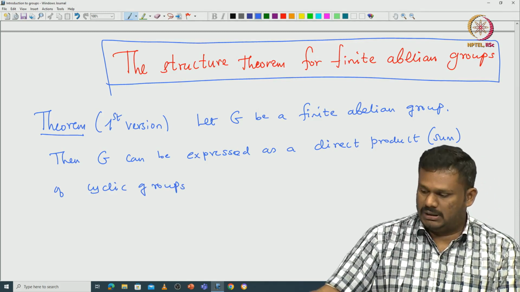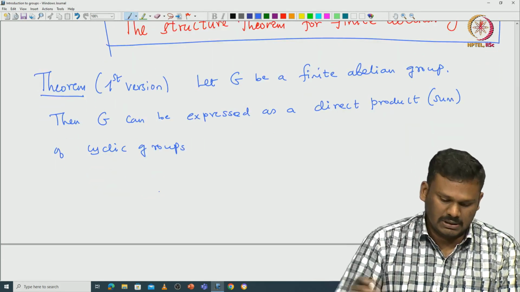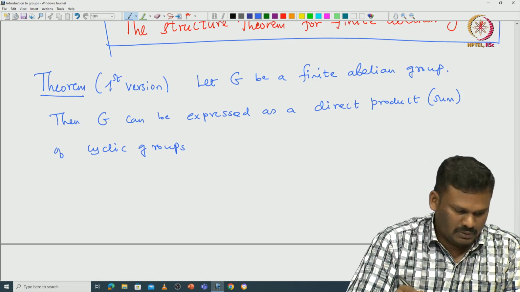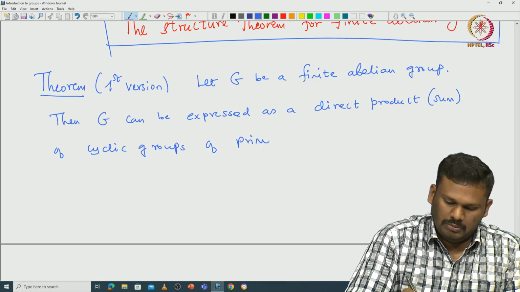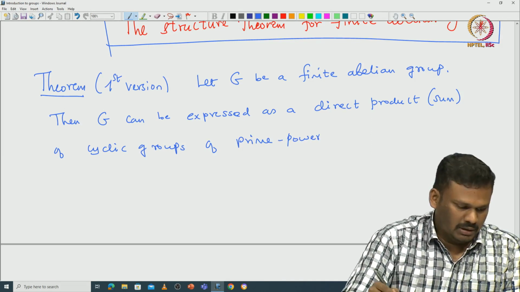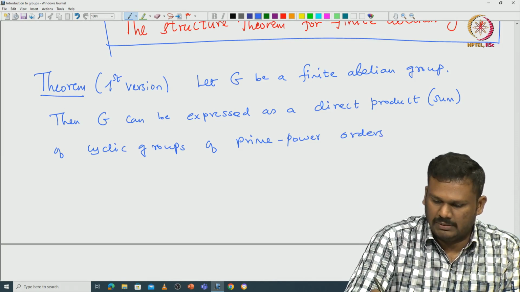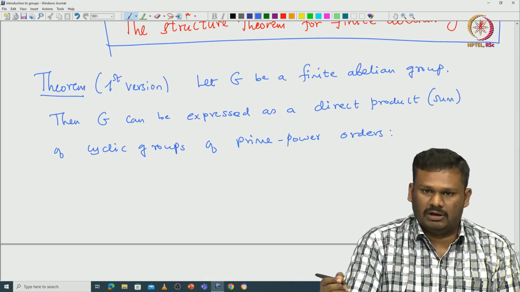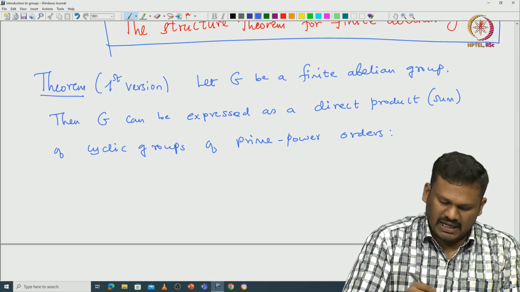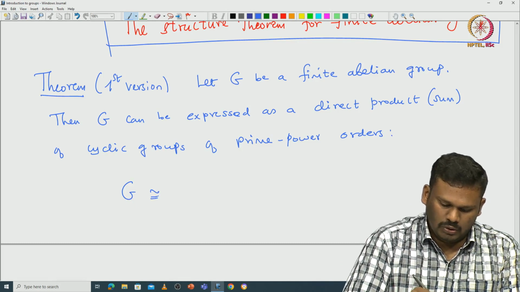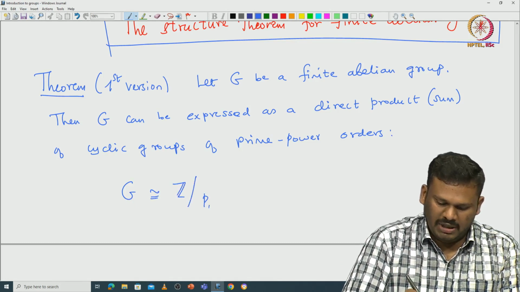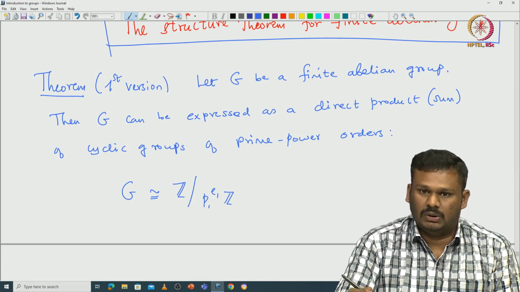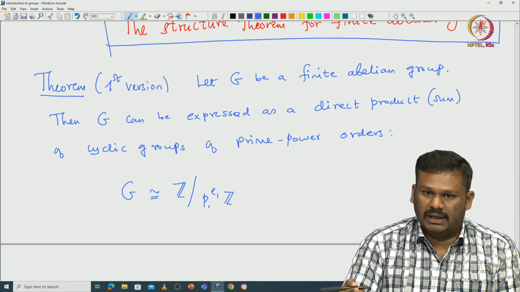Now we will put a condition on what kind of cyclic groups. In the first version, we allow cyclic groups of prime power orders. What is the meaning of that? They are cyclic groups of order p to the alpha for some prime p. So very explicitly, G is isomorphic to Z modulo p1 to the e1 Z. Any cyclic group of order n, we know that it is isomorphic to Z modulo nZ.